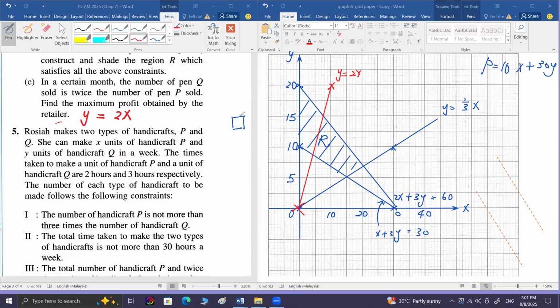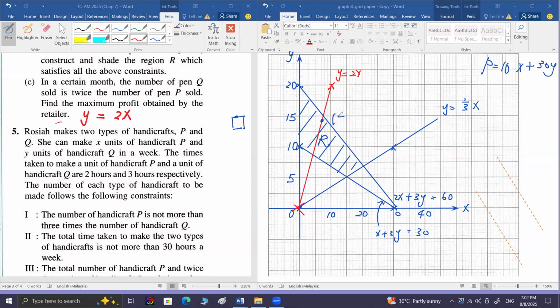I can see my point somewhere in the middle. So the number of pens Q sold is twice the number of pen P sold. I have to check the condition that is very near to this. So what I can see from here is the nearest one.